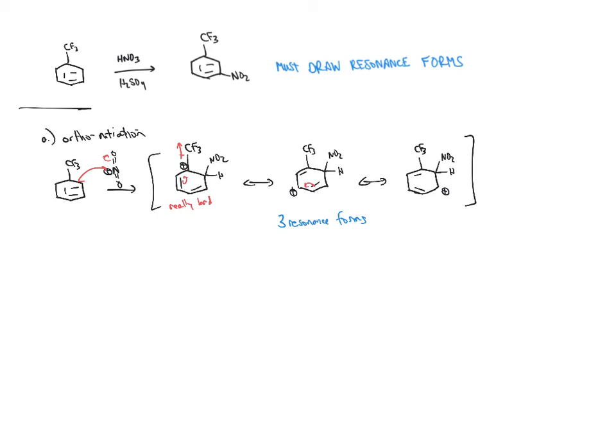Now let's see what would happen if we did a meta nitration. Okay, so again, let's skip forward all the way to where the nitronium ion is already formed. All right, again, I'm going to attack with that carbon now. Okay, I'm going to draw my resonance forms. And so I've got nitro attacking at the meta position.